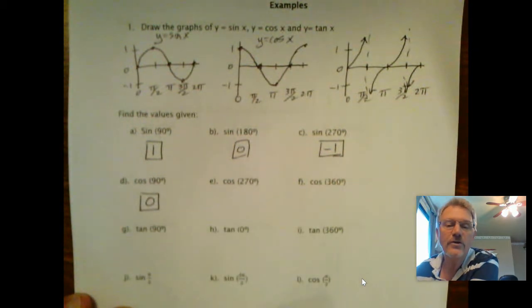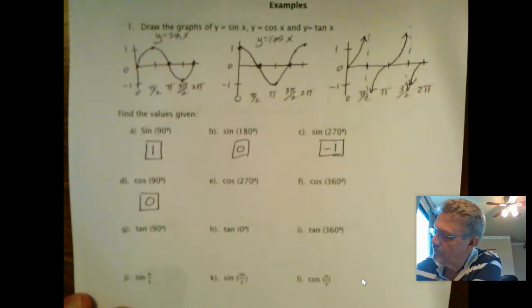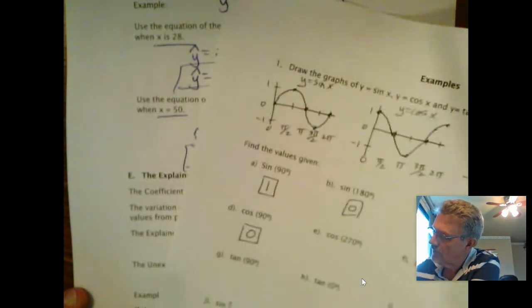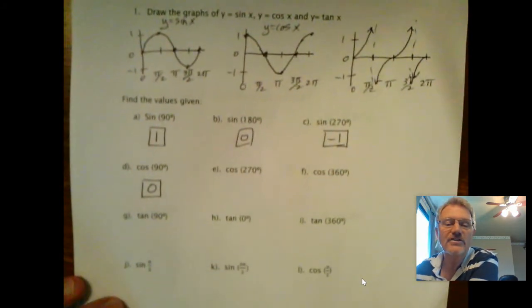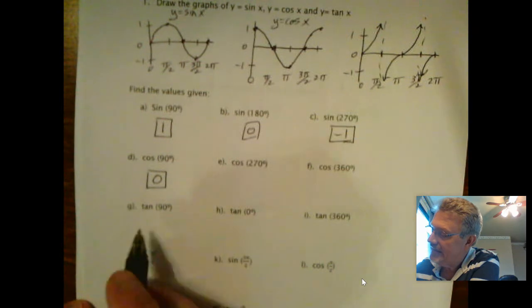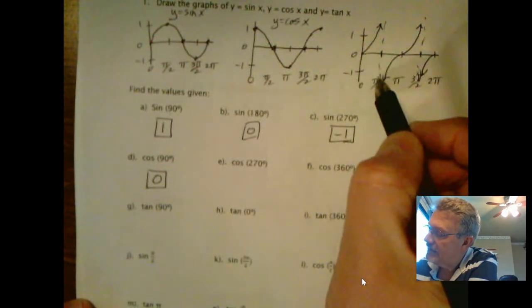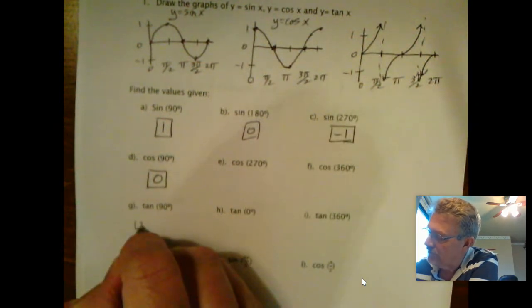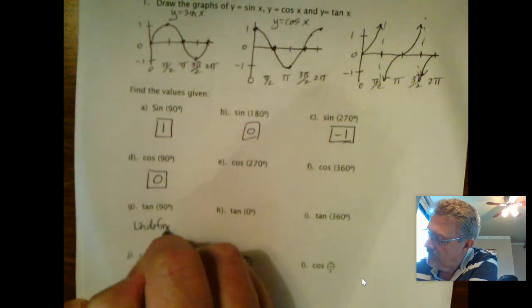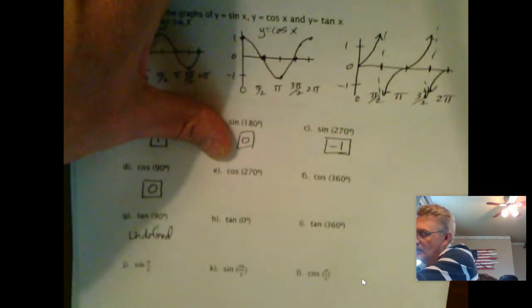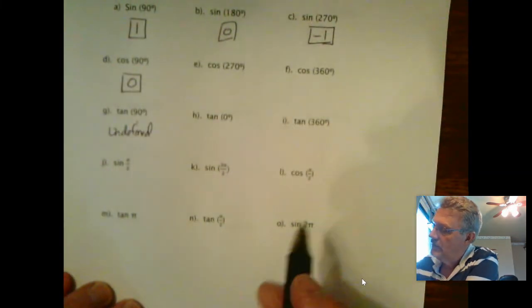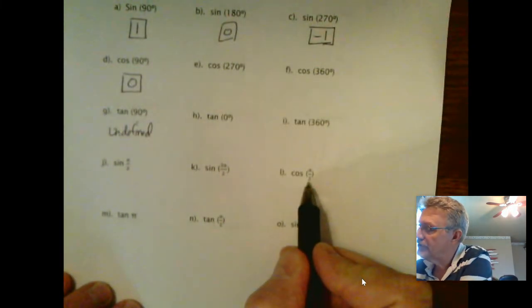I'll let you finish those out for your homework. Sorry, just checking to see what I had left for you. All right, tangent 90. 90 is pi over 2, so it's undefined. Cosine pi over 2.